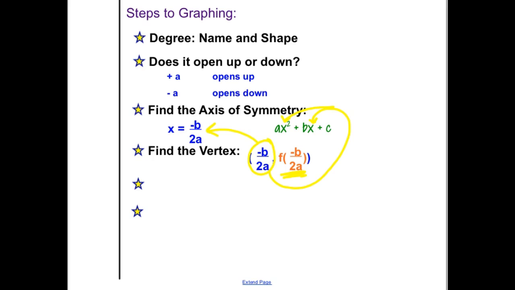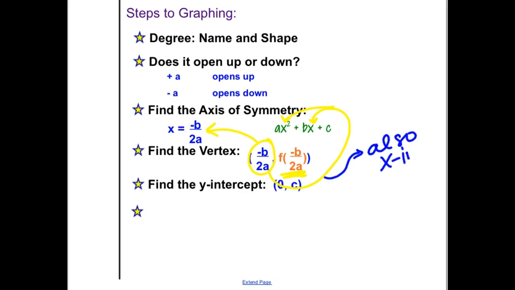We take what we got for axis of symmetry, we substitute it back into the function to get our y coordinate, and we put them into an ordered pair. And then to find the y-intercept, it's (0, c). One thing I don't have in here that I want to add in. This is also going to be finding our x-intercepts.